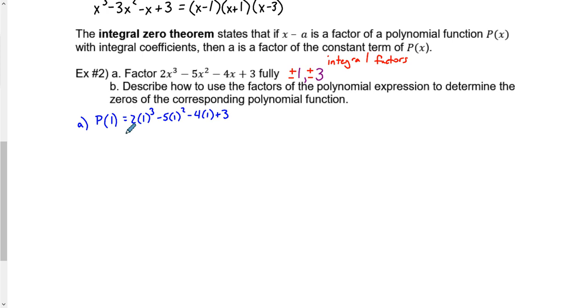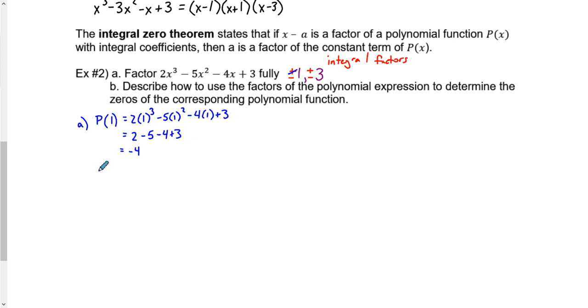You can plug it all in your calculator, but I'm going to show my work. 2, subtracting 5, subtracting 4, add 3. We get a remainder of 4. Nope, doesn't work. So plus 1 doesn't work.